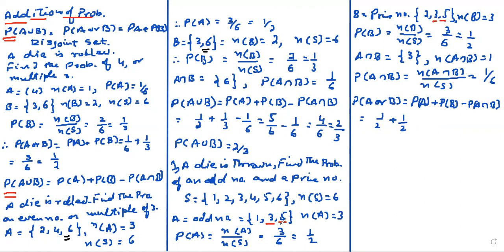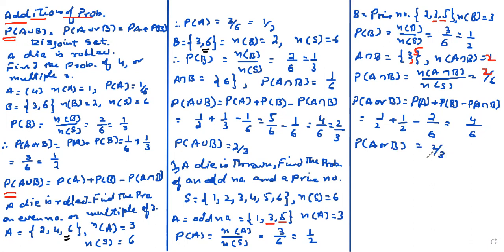So the number common is 2, and the probability of A intersection B is 2 over 6. So 1 over 2 plus 1 over 2 minus 2 over 6 equals 4 over 6, which equals 2 over 3. So the probability of A or B equals 2 over 3.